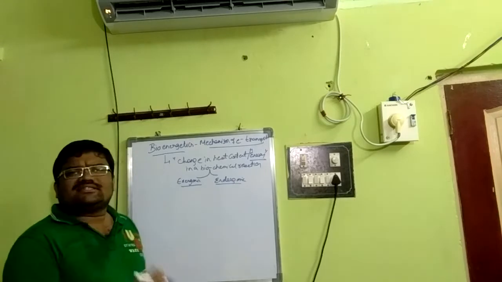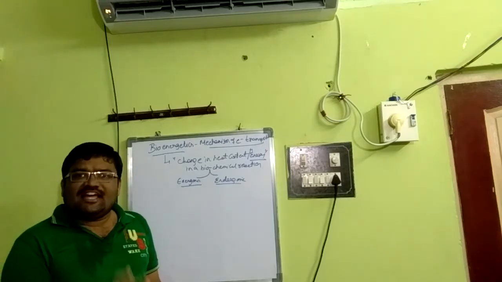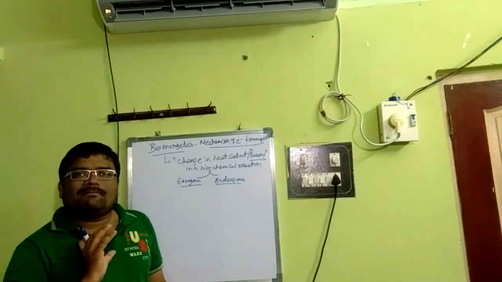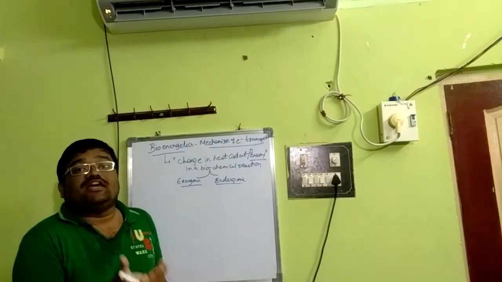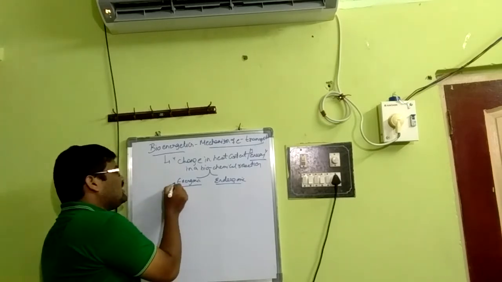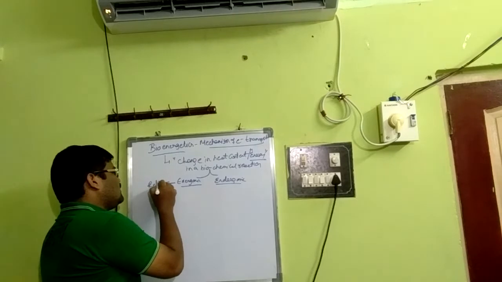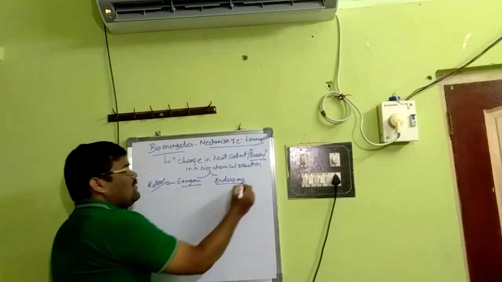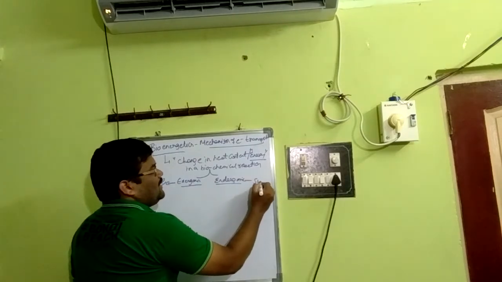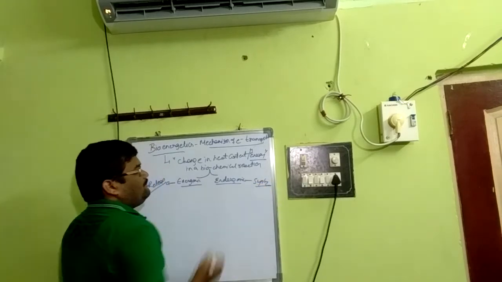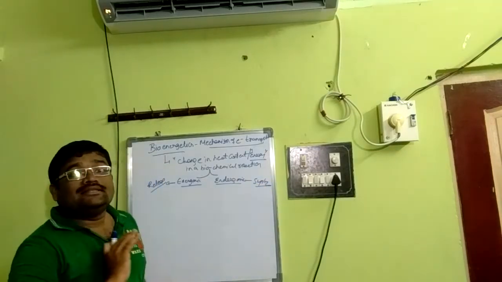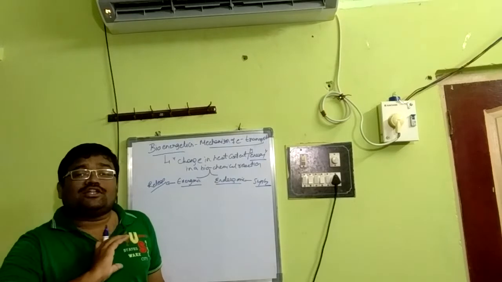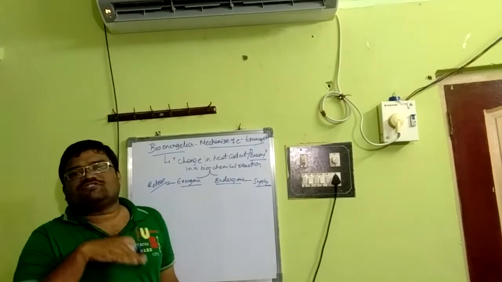These two processes in bioenergetics will influence the biochemical reaction's heat behavior, because exergonic will release heat, that means will release energy, whereas endergonic requires a supply of energy. Depending on the kind of reaction, the biochemical reaction will proceed.